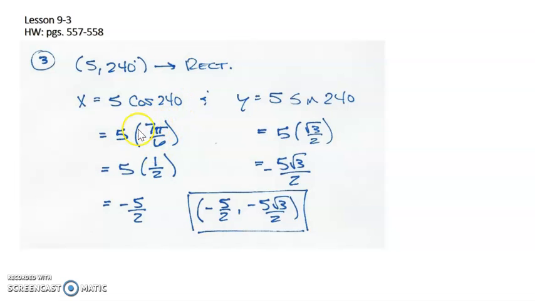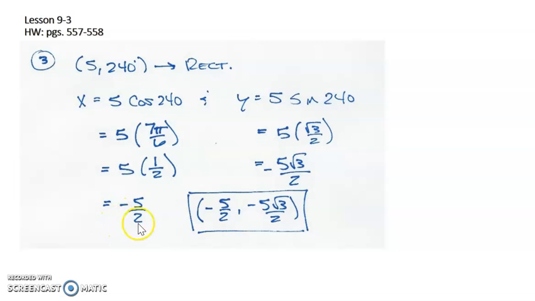This should be 4 pi over 3, because I know in quadrant 3, I take the denominator and add 1 to it. So 3 would go to 4. So just picture a 4 pi over 3. But the rest of the math is correct, because if I'm dealing with the cosine of that, and I go to my pi over 3, the cosine of that is going to be 1/2.